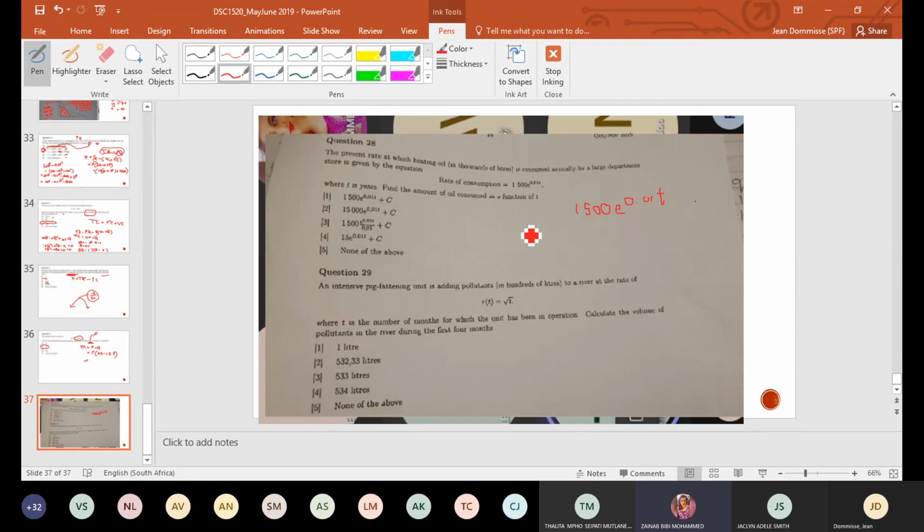So you would integrate this current function, and that would be your answer. Yeah, I agree with Zainab. So it's not that you need to write the function as T equals something, it is just in terms of T.